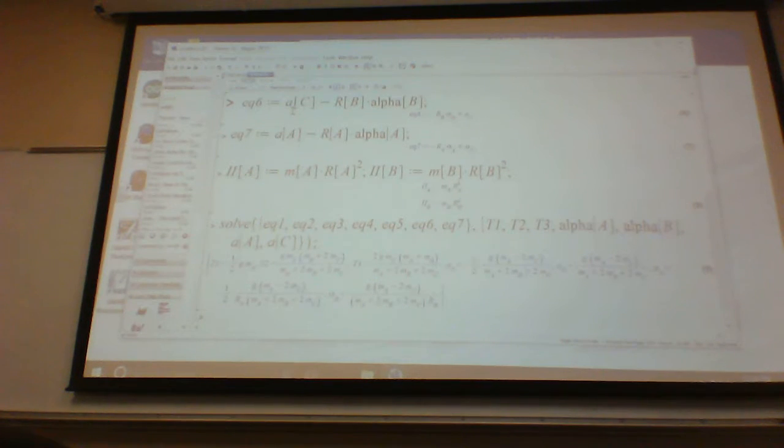M sub A times G divided by 2. T2 equals M A G, M B plus 2 M C, everything divided by M sub A plus 2 M sub B plus M C. So we can look at the equations we need.